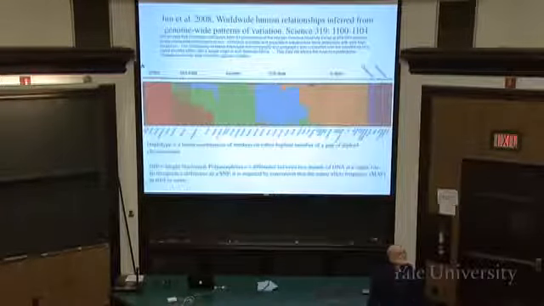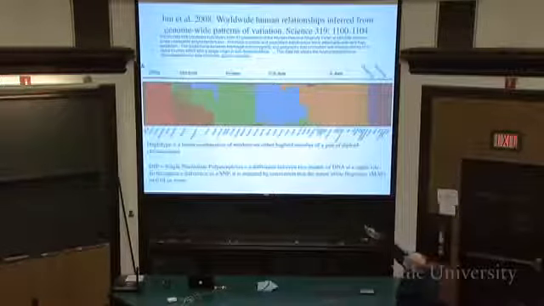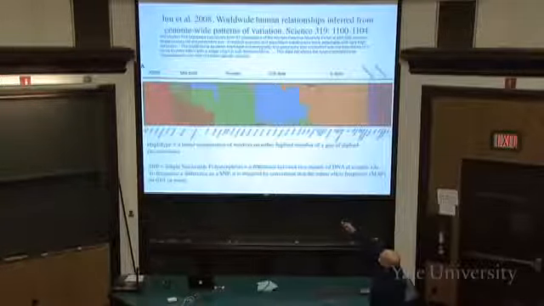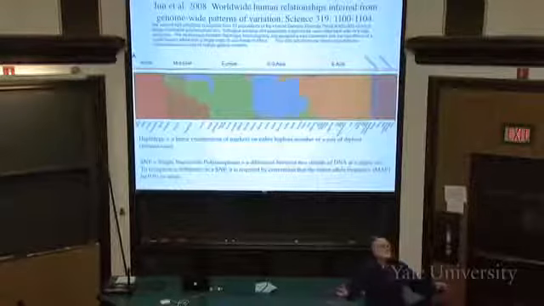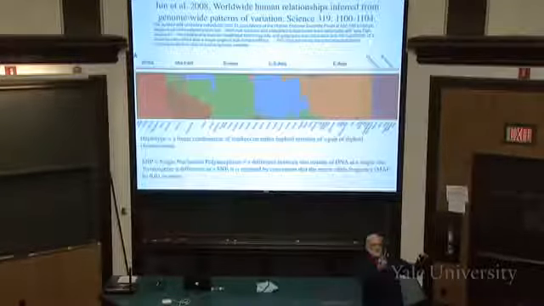So 3 years later, a group then goes out and takes 928 people from 51 populations and looks at how much haplotype diversity there is. Remember, a haplotype is a block that's got some specific nucleotide polymorphisms on it.